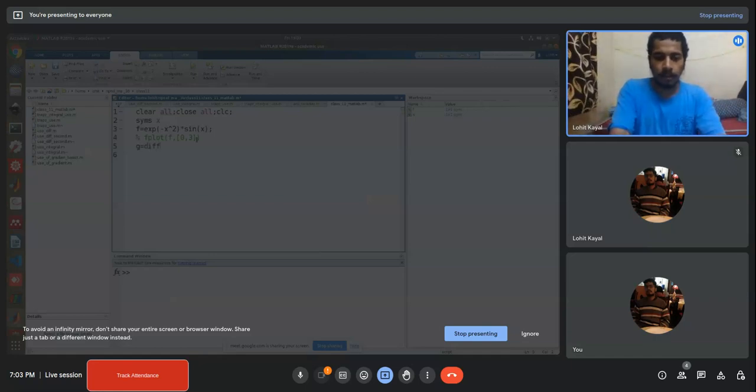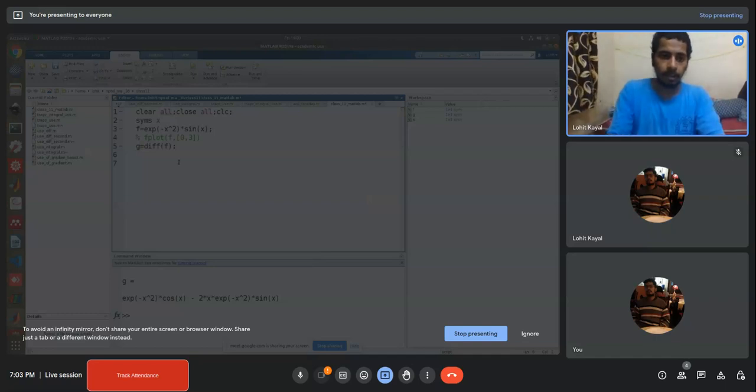I can comment it out because we don't actually need to see the function. Control R is for commenting out. For any symbolic function in MATLAB, the command is diff.